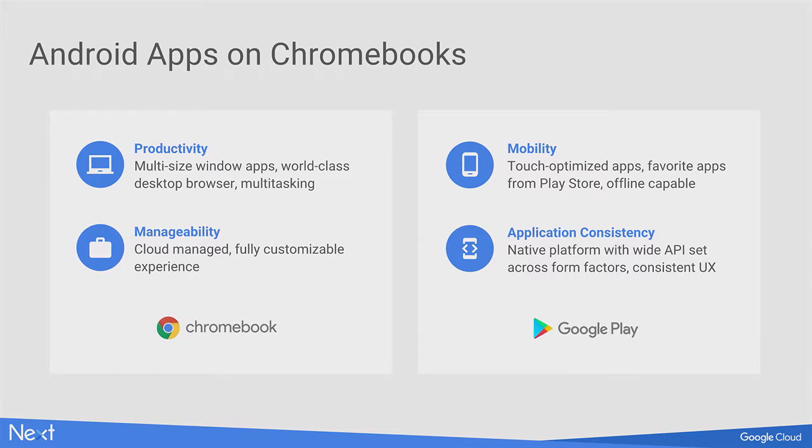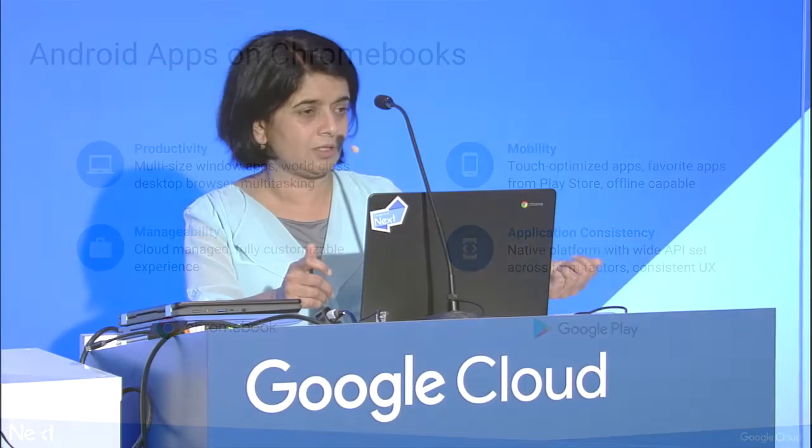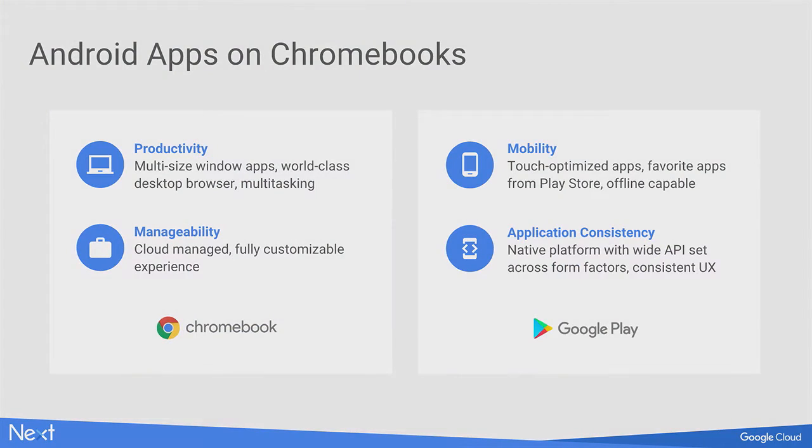Let's talk a little bit about the design choices which we made. Chrome OS is Google's productivity operating system. Because it's a productivity operating system, users want to be able to multitask. They want to be able to use multiple windows and resize their windows. One of the things users really love about Chromebooks is it comes with the desktop Chrome browser with support for full extensions, tabs, productivity.